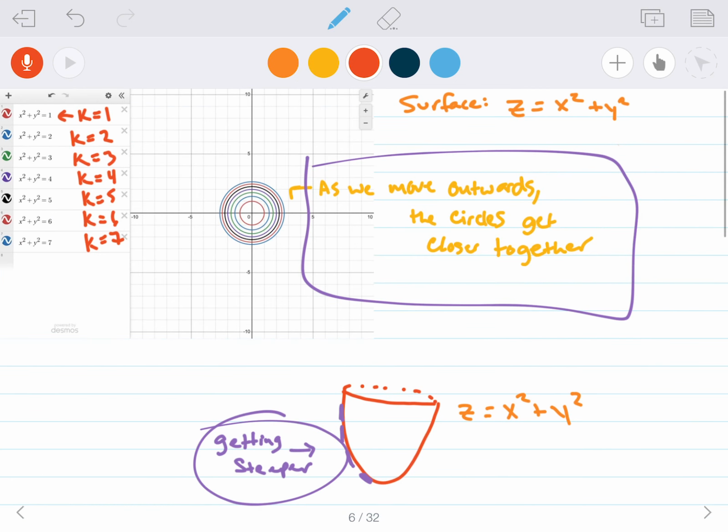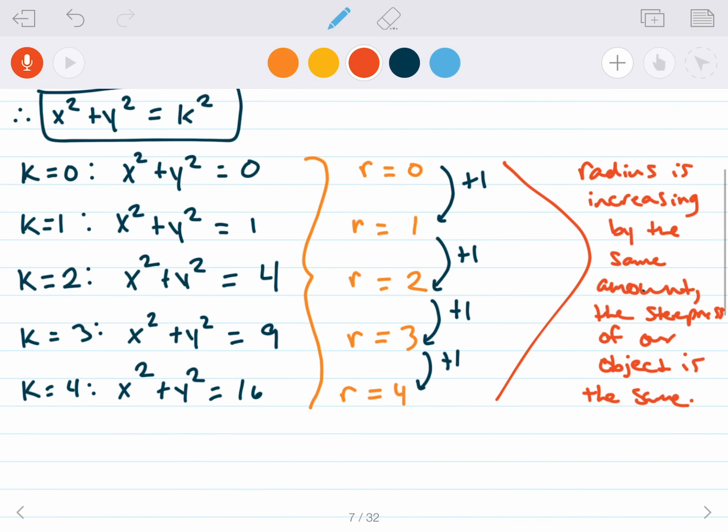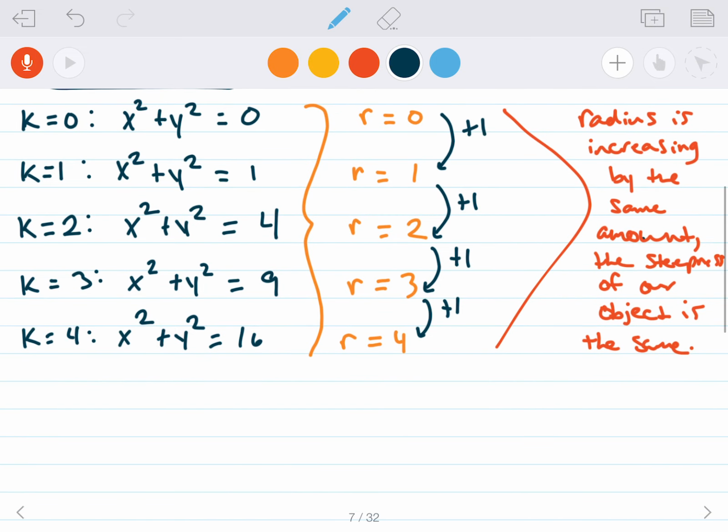In the previous object, our steepness varied, because we took these little tangent lines and sketched them and saw that the steepness varies. This corresponds to the circles getting closer and closer together as we move up. But here our contour diagrams are still circles, but the object is going to look a little bit different, because the steepness is going to remain the same on the sides.